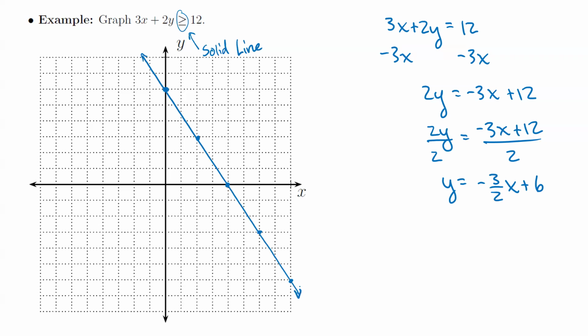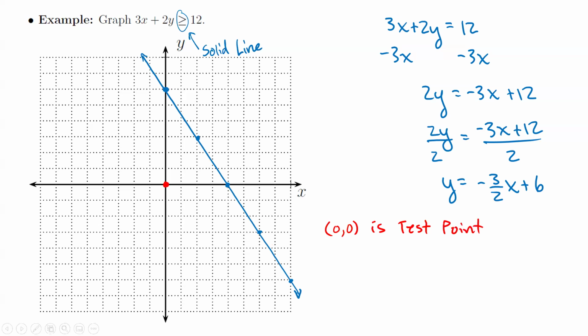There's my line. And again, I can pick any test point I would like, but often we find 0, 0 a really nice one to pick, as long as it's not lying on the line. So we'll say 0, 0 is our test point.